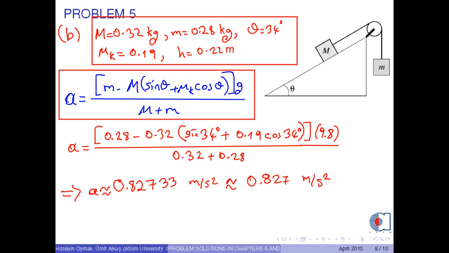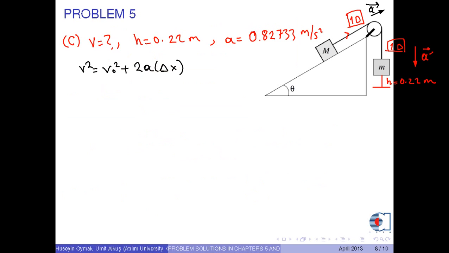Note that in the intermediate step, we wrote the result in 5 digits, where we don't count the first zero, and the final result is in 3 digits, and again we don't count the first zero. Okay, this is the answer to the question in part B, and let's see part C.